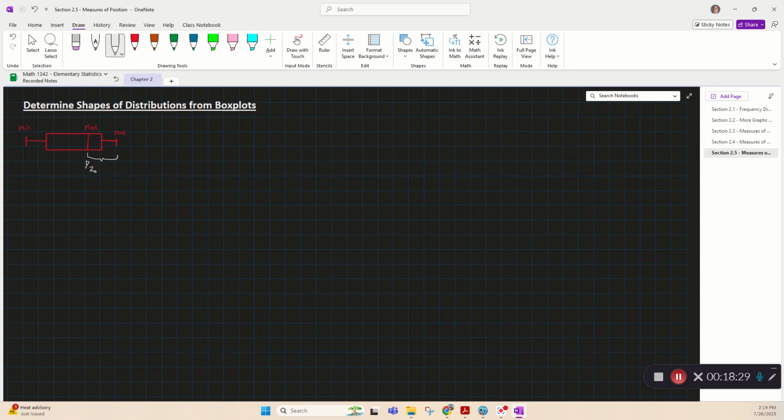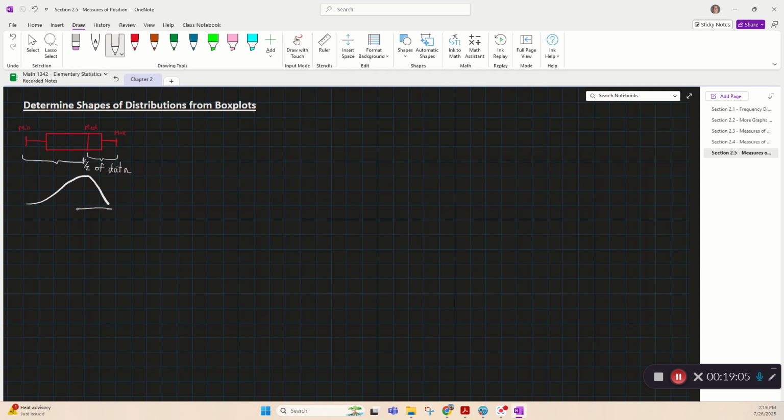This is half the data. So on the left-hand side, I've got a lot longer of a stretch to do half the data than I do on the right-hand side, which means there is likely some sort of tail.